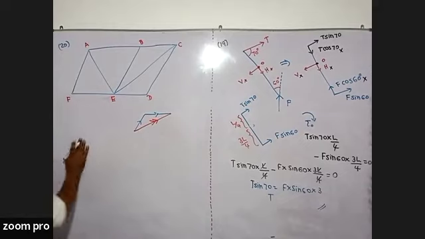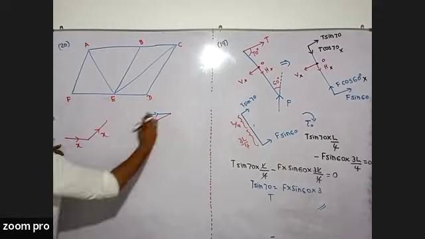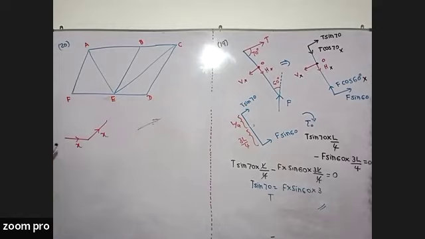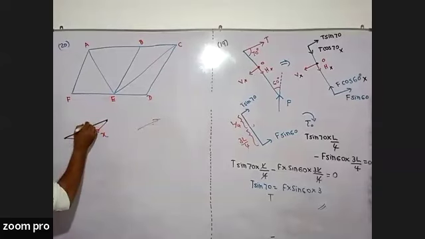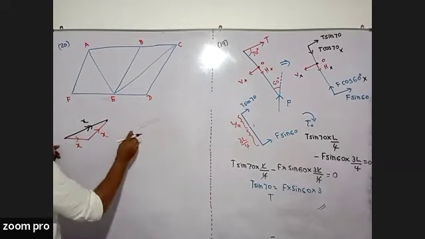So let's take another example. Assume that they are given as x and x. So the resultant can be obtained because these forces start at this point and end at this point. So the resultant can be considered as x. Right? So this is the way. Let's take another example.